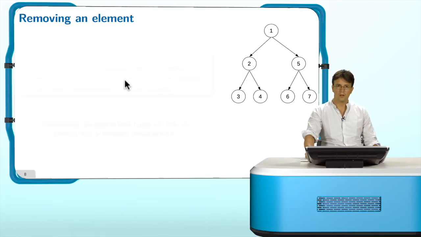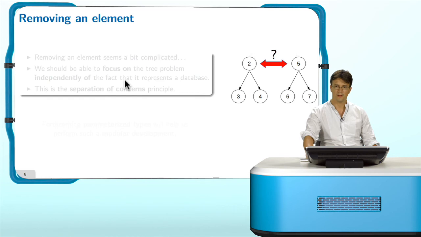So let's talk about removing an element of this tree-like representation for a database. Imagine that we remove the root of this tree. Then we obtain two subtrees, and in the end we have to merge these two subtrees into one new tree, but it is a bit complicated.